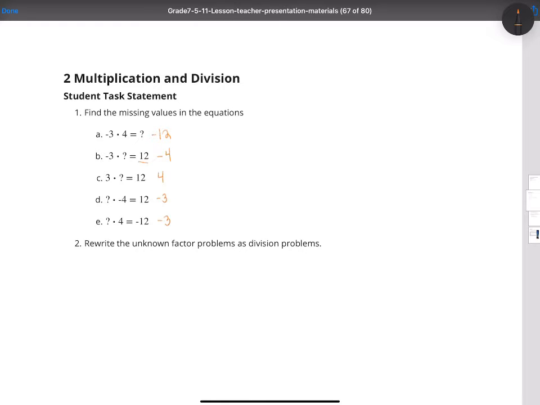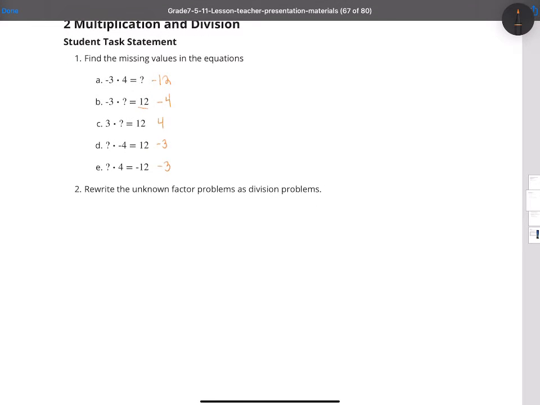Okay, so it says rewrite the unknown factor problems as division problems. Here's what it means. The first one will be -12 divided by -3 would equal a +4.